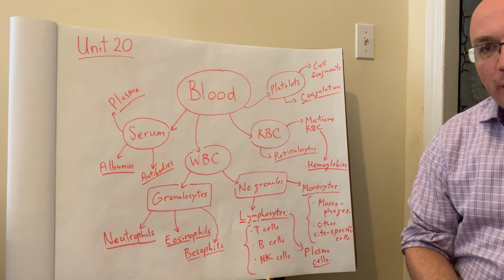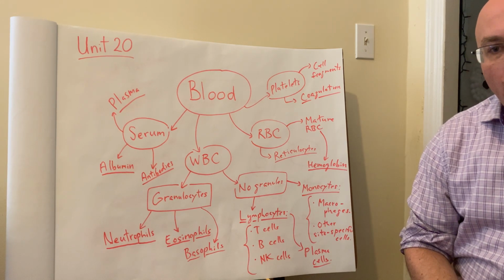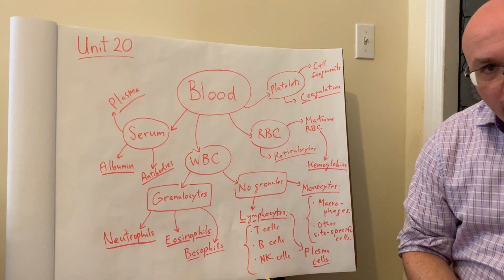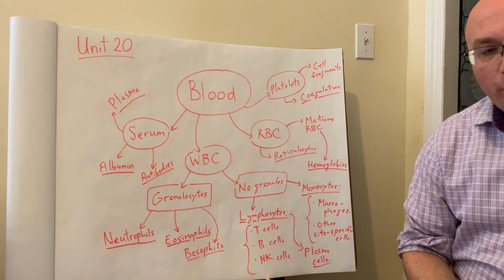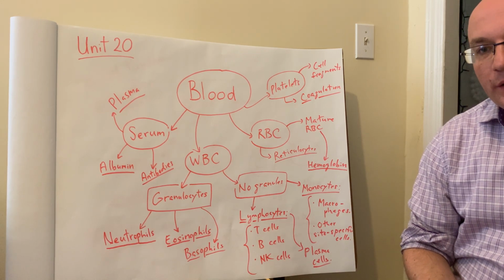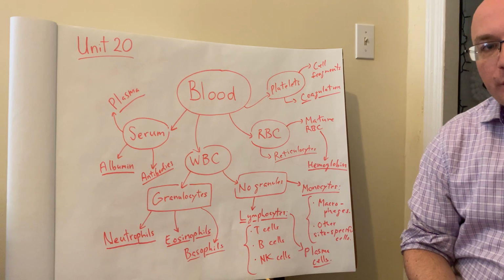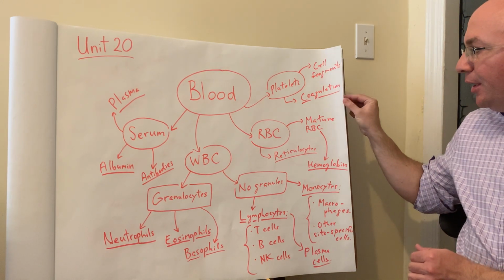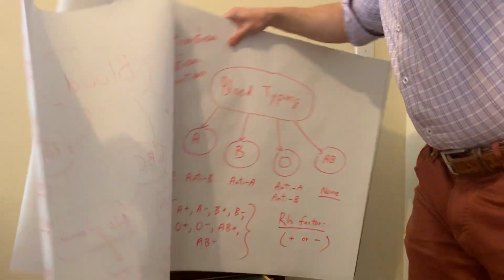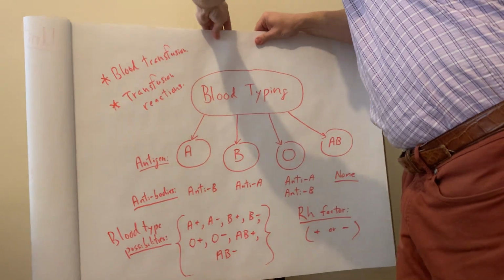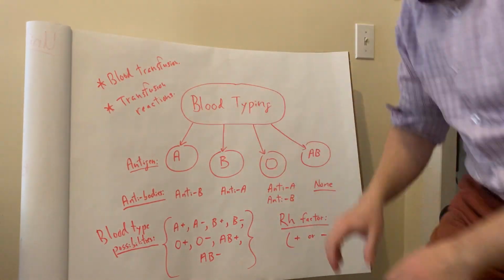And based on these blood types, being able to identify the person with the correct blood type, match them to the correct blood that they need to be receiving, and see how this works and what's involved in this important process in clinical medicine. Okay, so on the next page, let's take a look at the different blood types that exist.